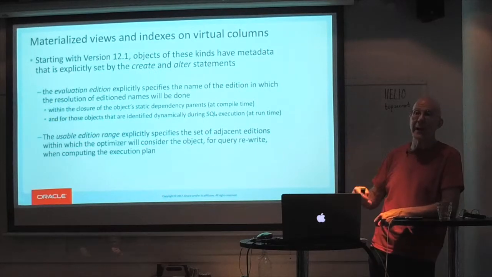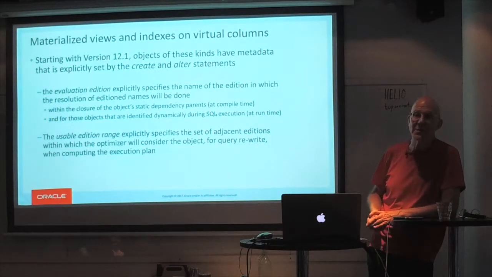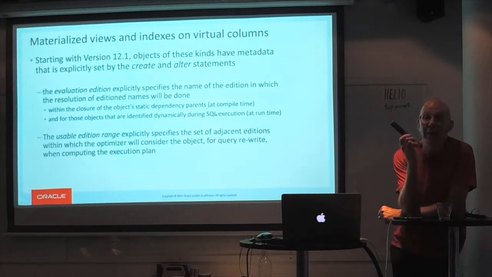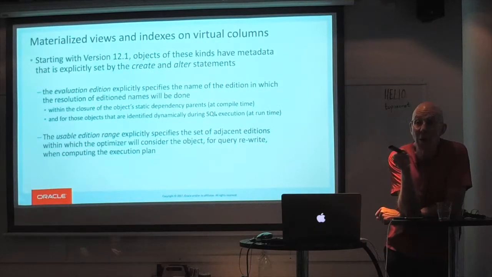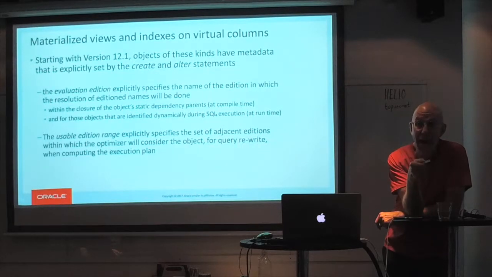So if you were doing this from scratch, you've already got everything editions enabled just as you want it, and you suddenly decide you're going to have a brand new virtual column on a particular function which is exposed in a package spec, then you would set up the virtual column, you would put its evaluation edition equal to the edition you're in, you'd set the range capped at the old end where you are, and at the other end it would be just wide open, right?